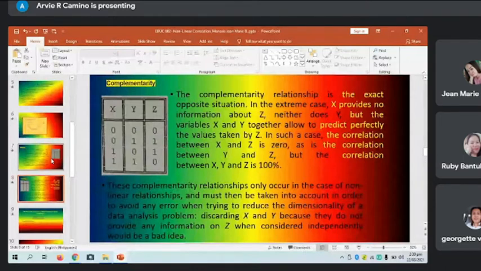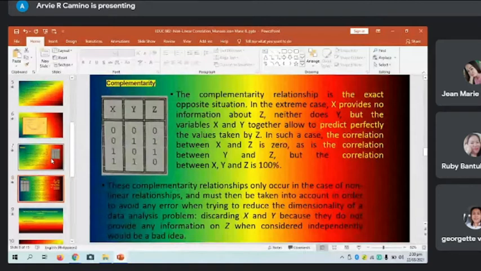The symmetric measure, the first one, is a measure of the information shared by n variables V1 to Vn, known as dual total correlation among other names. This measure of the information shared by different variables can be characterized as minus n times H(V1 to Vn) plus the sum of H(Vi), where H expresses the entropy of variable V. That is the formula.